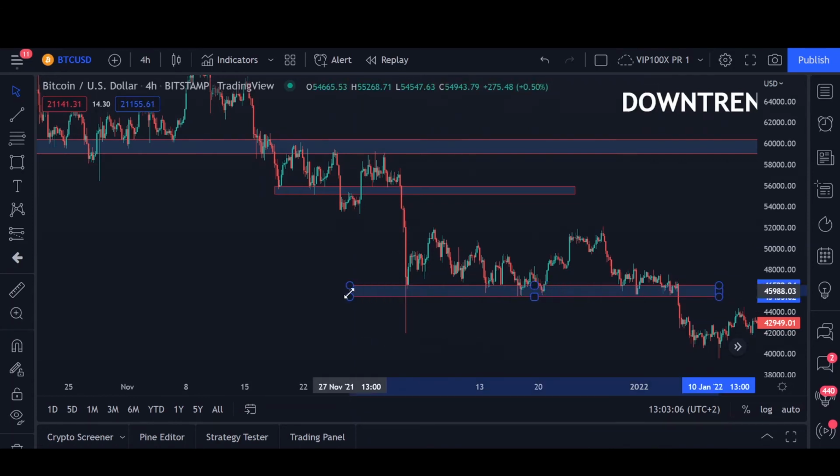If a wick pierces the support zone but rebounds and closes above, we just redraw our zone, but we will only consider it broken when the body closes below it. Now we are going to do the same with the resistance zones.